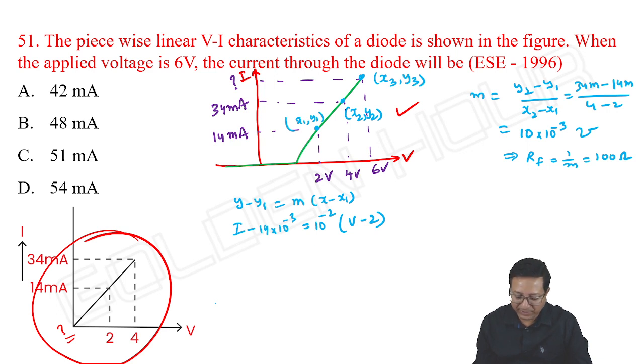We have got the straight line equation, or I is equal to, well, that much is also not required.